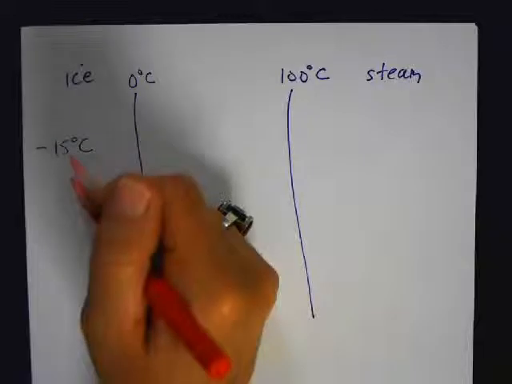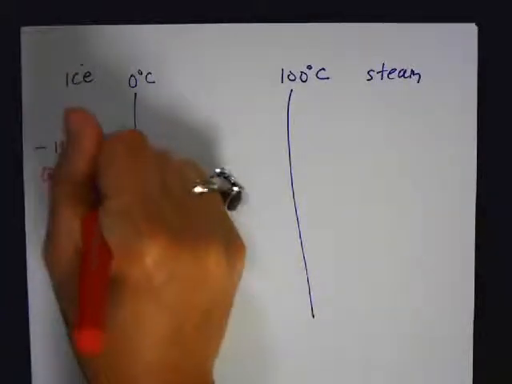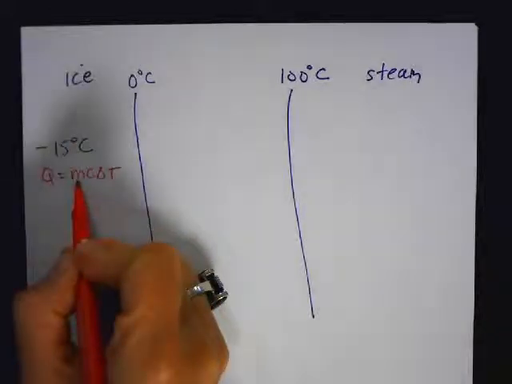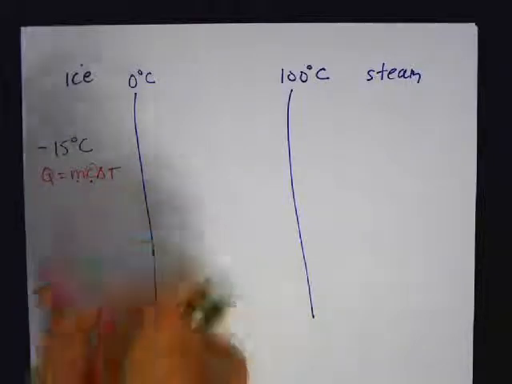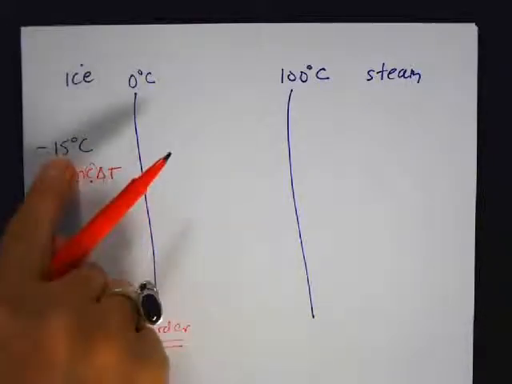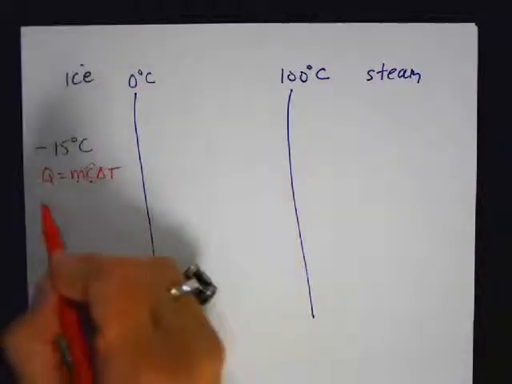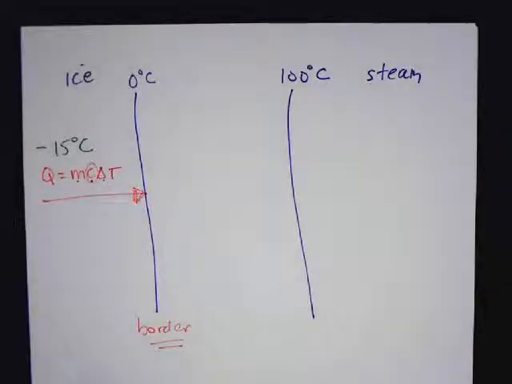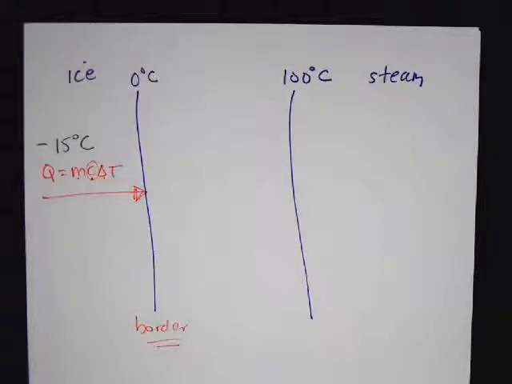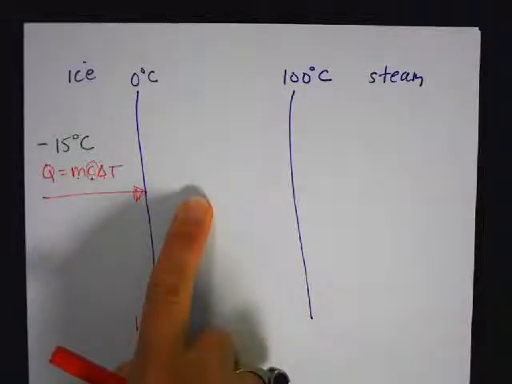When I want to go from negative 15 degrees Celsius to this border is a change of state. If I want to calculate the heat that it takes, I would use the equation Q is equal to mc delta T. So I would do the mass of the substance times the specific heat for ice times that change in temperature, which would be from negative 15 degrees to 0. Now, that's going to take me from here to here. Now I stop at 0 degrees Celsius, but when I stop at 0 degrees Celsius, that's the border. I want to go from ice to water, which is a liquid.